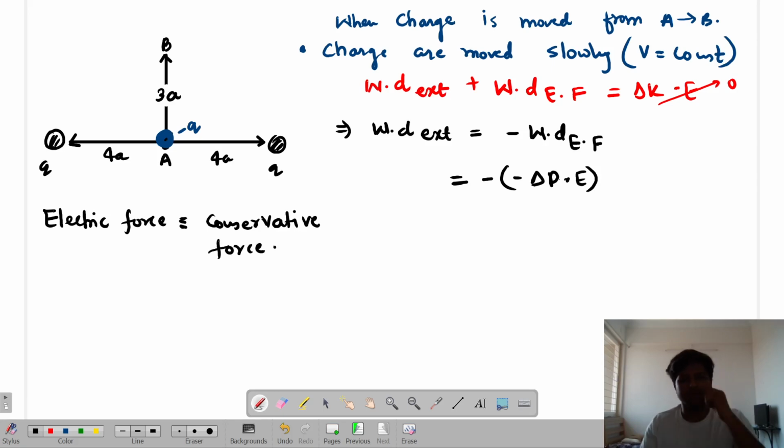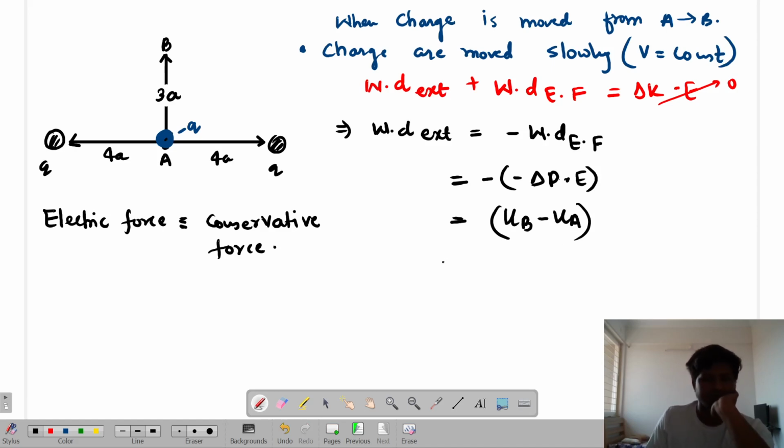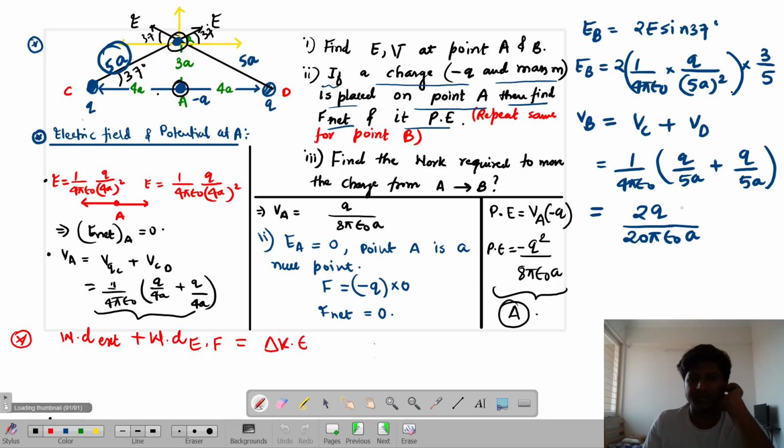मेरी बात समझ में आ रही है? So change in potential energy means U final, that means U at B minus U at A. I have to calculate. Are you able to get me or not? So U at B, you know the potential at B is twice Q, and I have the charge as minus Q, isn't it?